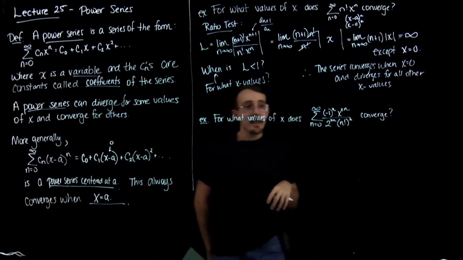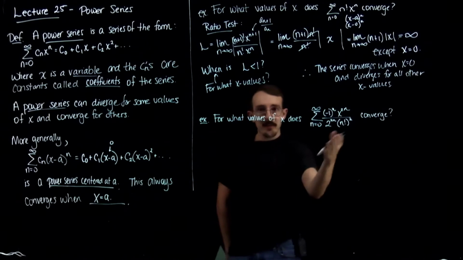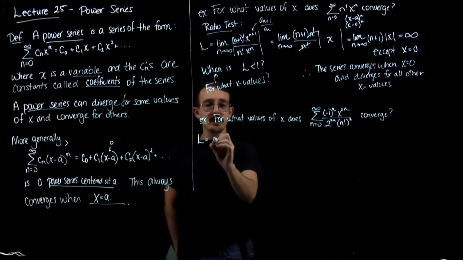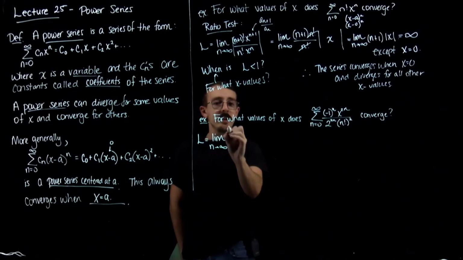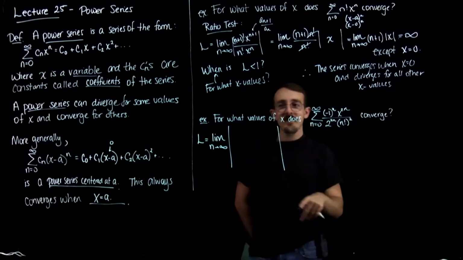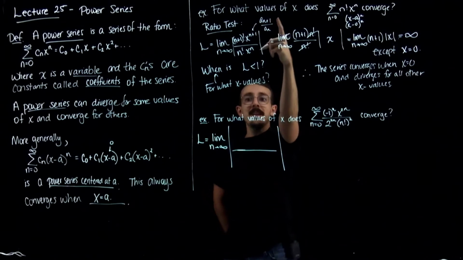Let's take a look at this one. So this is also the ratio test. It's just a little more difficult with the arithmetic, but we're going to do it the same way. So we're going to say the limit, or sorry, capital L is the limit as n goes to infinity. I'm going to need a lot of room, so I'm going to draw a much larger one this time. In the numerator, you need a sub n plus 1.